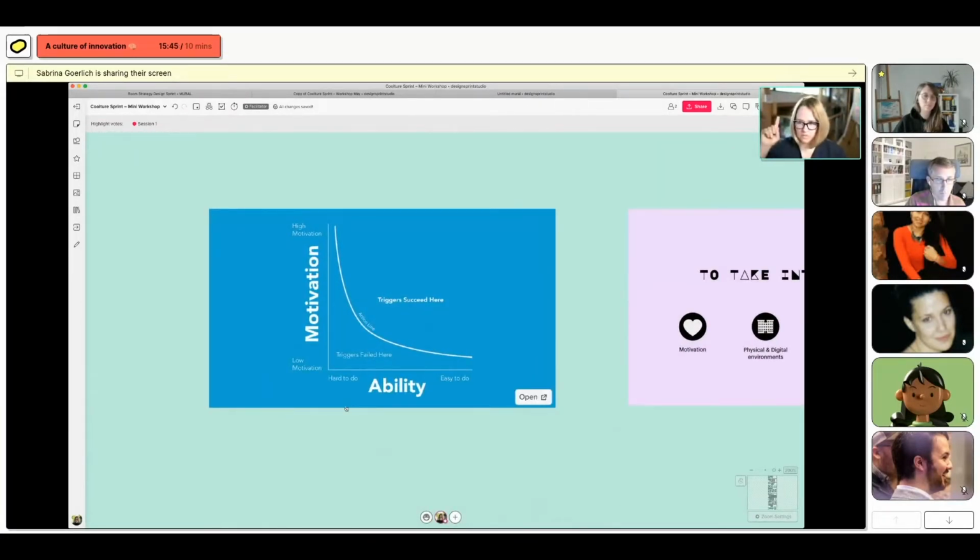Either the motivation is really, really high, or it's easy to do. The optimal state is the sweet spot, because high motivation is always difficult to achieve, between being very motivational and easy to do. So this is what we need to achieve here.